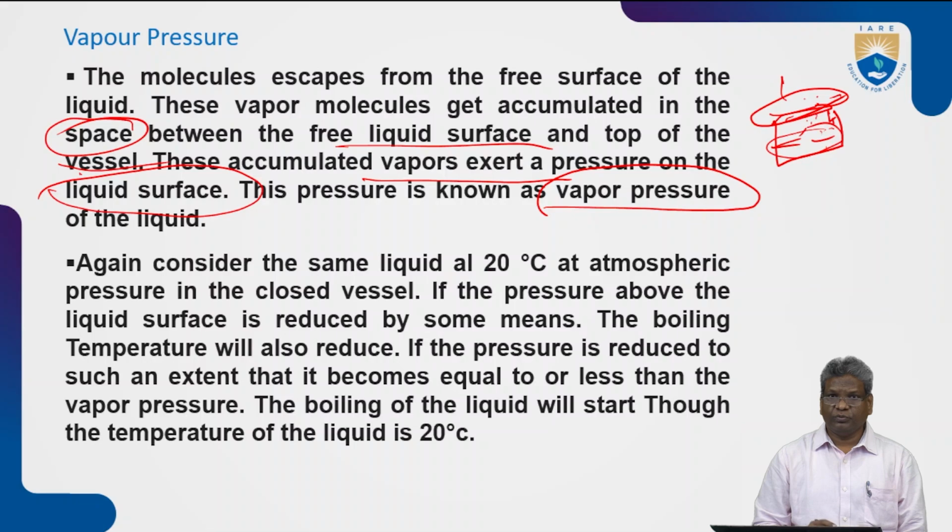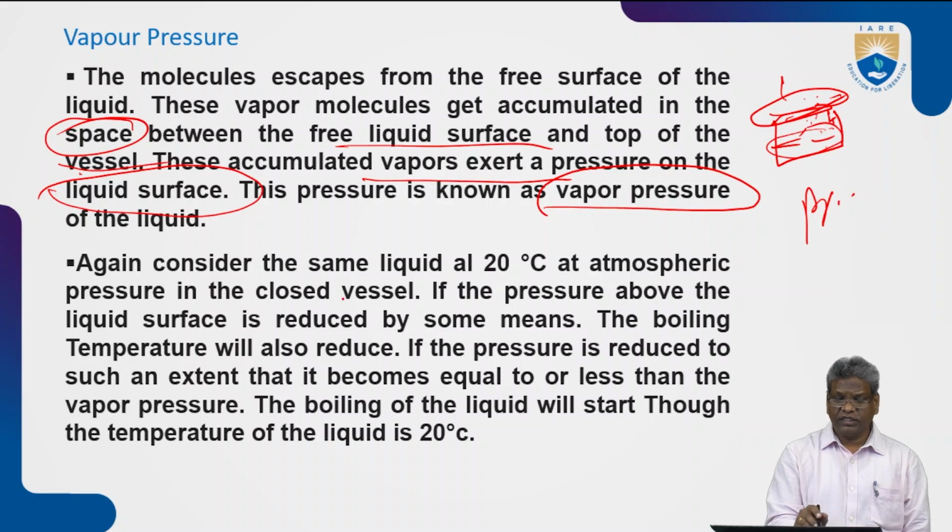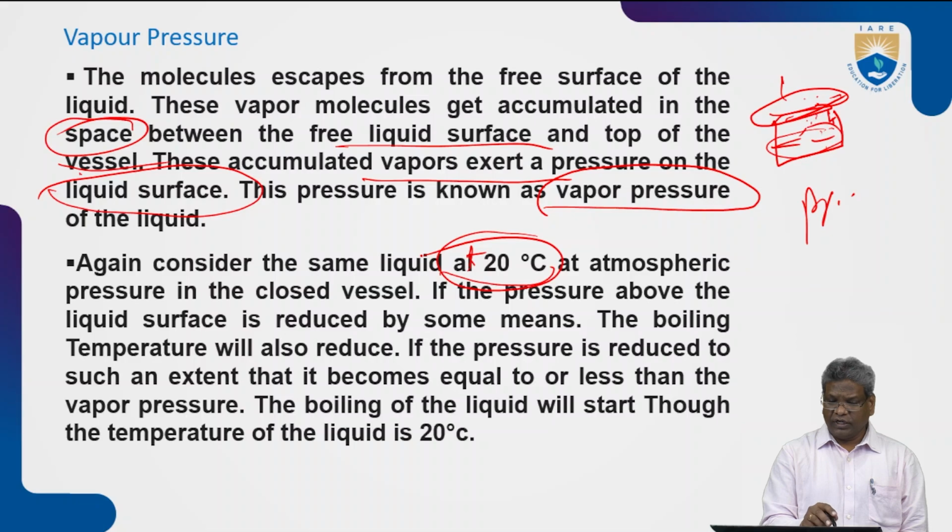Suppose we take the case of a pressure cooker, which I just mentioned. Let us see what will happen in a pressure cooker. Again consider the same liquid at 20 degrees centigrade and at atmospheric pressure in a closed vessel.